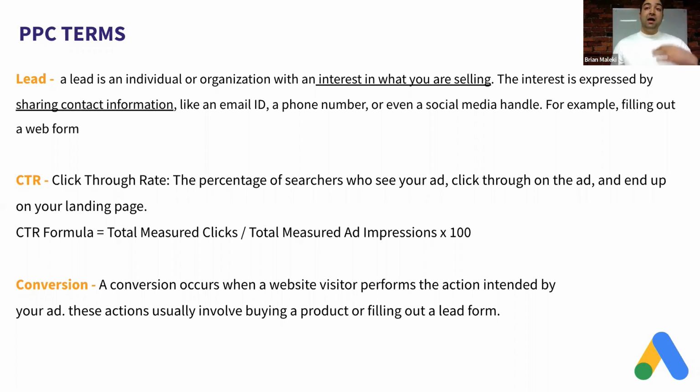Let's say Google will show your ads 100 times, and out of 100, only 5 people click on your ads. Then Google's intelligent algorithm realizes that, oh my God, not many searchers click on this ad. Probably this ad is not a high quality one. I lowered the rank and position of that ad. So it's very important to understand your CTR, click-through rate.